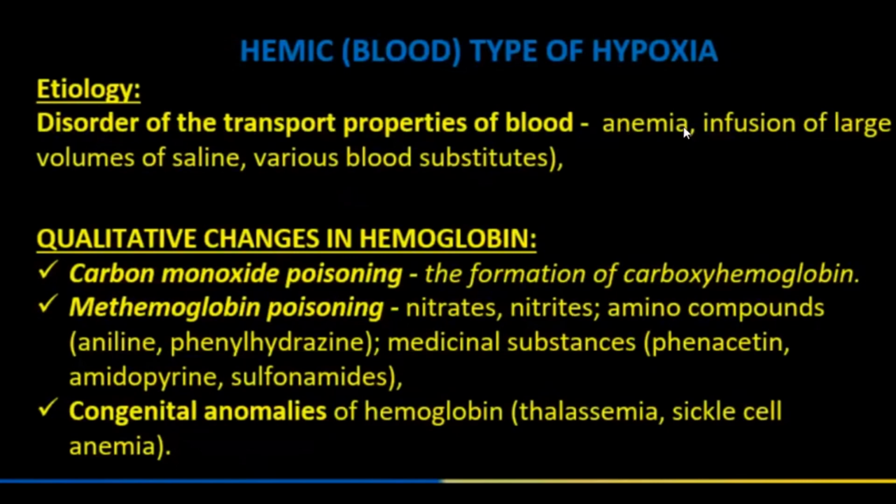Its etiological factors: anemia, infusion of a large volume of saline or various blood substitutes, and qualitative changes in hemoglobin, such as carbon monoxide poisoning, methemoglobin poisoning, and congenital anomalies of hemoglobin, for example thalassemia and sickle cell anemia.